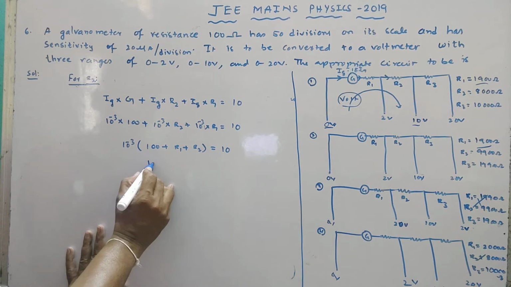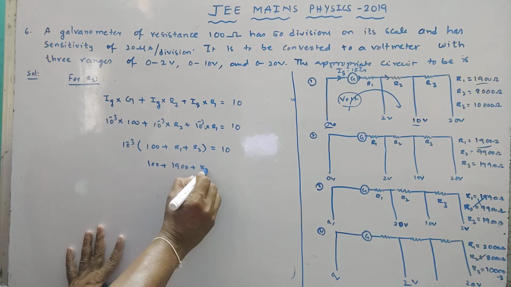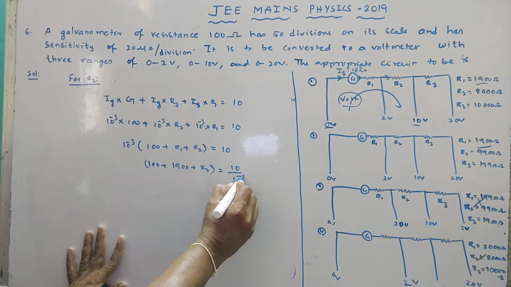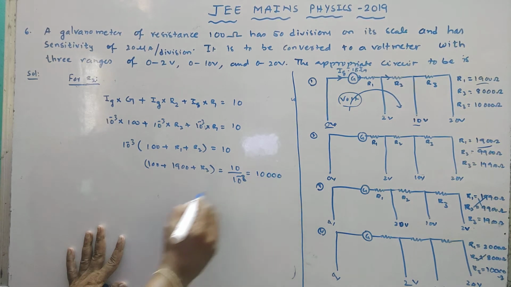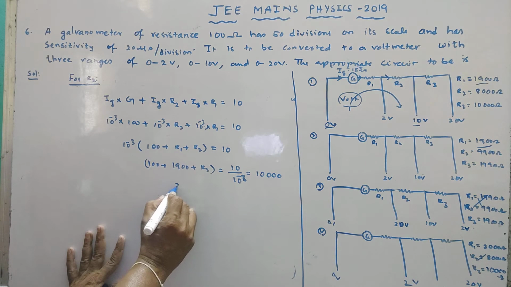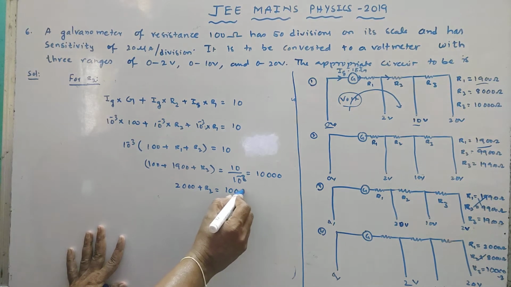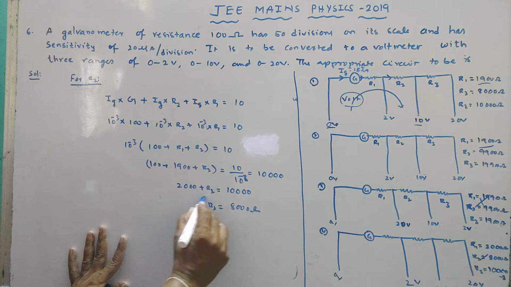Now 100 plus R1, we already calculated 1900, plus R2 equal to 10 by 10 power minus 3, so that will be 10,000. So 100 plus 1900 gives 2000, plus R2 equal to 10,000. So R2 will be 8,000 ohm.